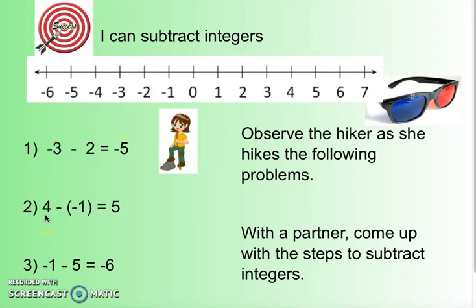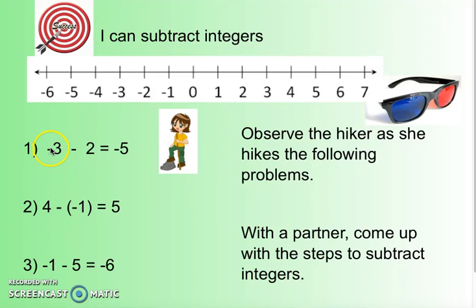Then when she subtracted a negative number, I noticed that she actually ended up going further into the positives. It is so weird because I would think if she subtracts a positive, she would go further positive. And if she subtracts a negative, she would go further negative. But it's the opposite.